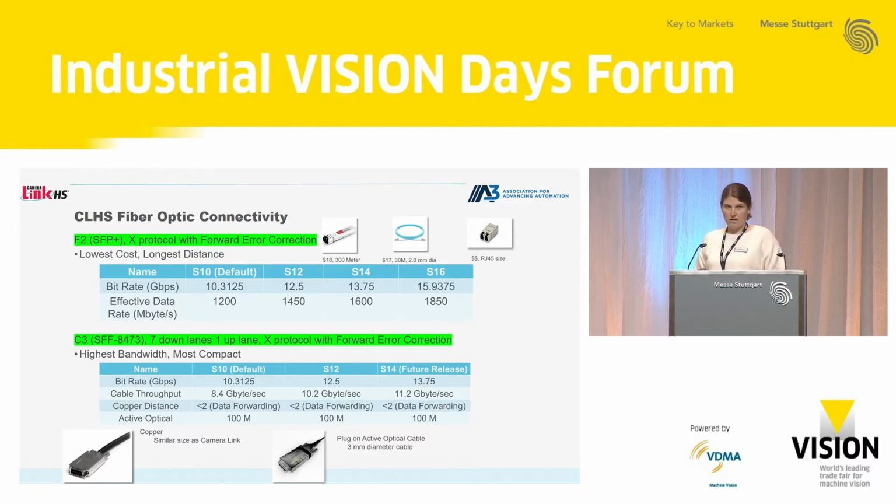Copper can also be used, and for this, the current standard is up to 10 gigabytes per second at a line rate of 12.5 gigabits. For the copper version, asymmetric cables are used with 7 lanes downstream and 1 lane upstream, which is perfect for high bandwidth image processing because of the capability of data forwarding.